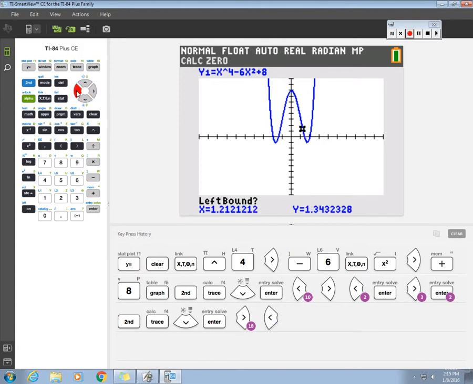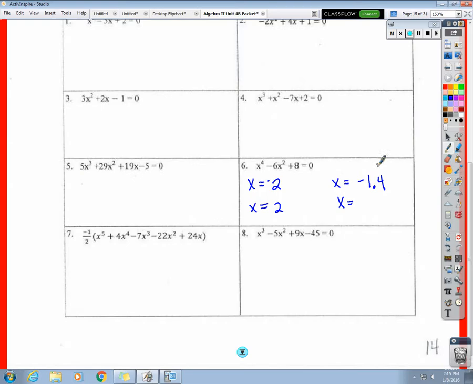So first I need to go a little bit to the left of it and hit enter. Then I need to go a little bit to the right of it and hit enter. And then once you've done that, you hit enter one more time. And where is it? +1.4. Okay? So does everybody now have a better understanding of how to do the second trace 0?